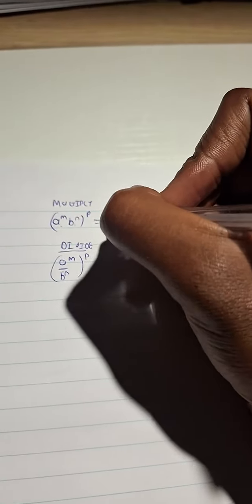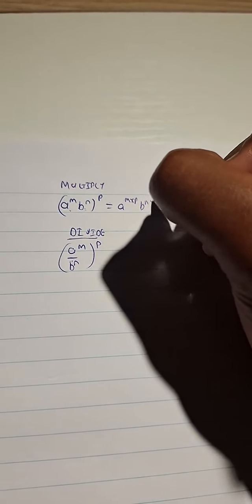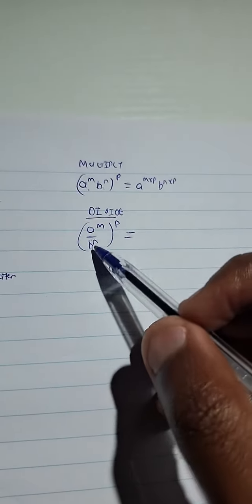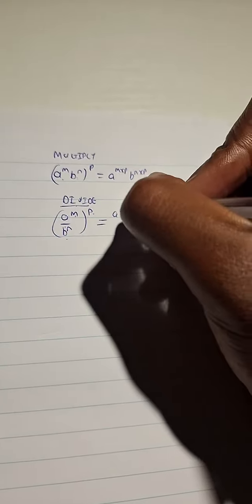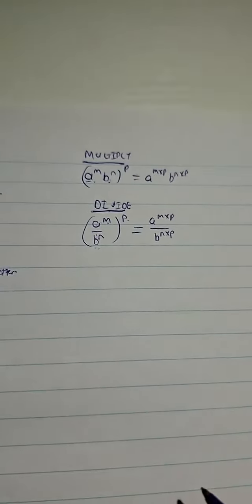If the relationship between the bases is multiply, we simply multiply the exponents. When a over b is raised to another exponent, there's an exponent on the other side, then we multiply the exponents. We do that with multiplication of bases and division of different bases.